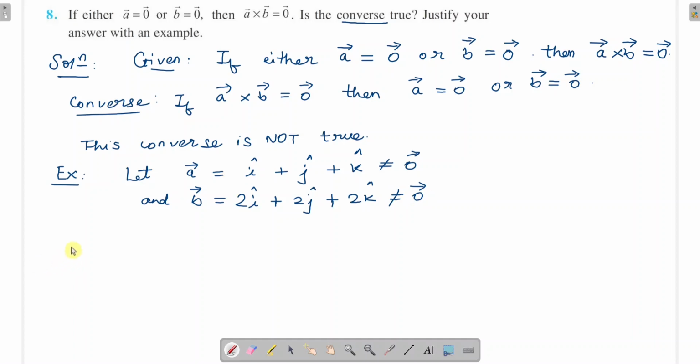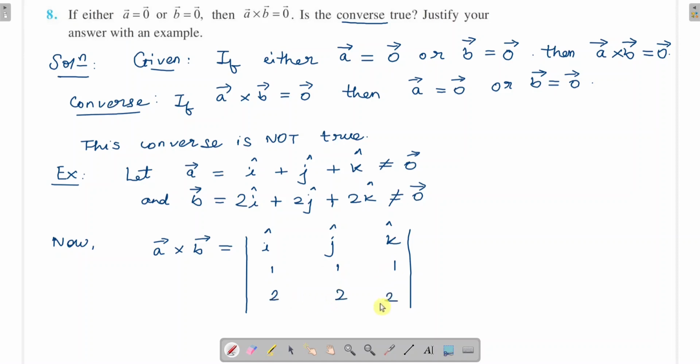Okay, so now a bar cross product b bar. So let us calculate a bar cross product b bar. So it is i cap, j cap, k cap, then 1 1 1 and 2 2 2.